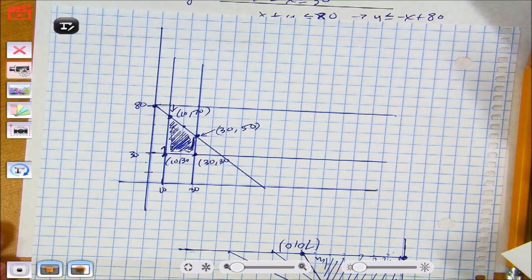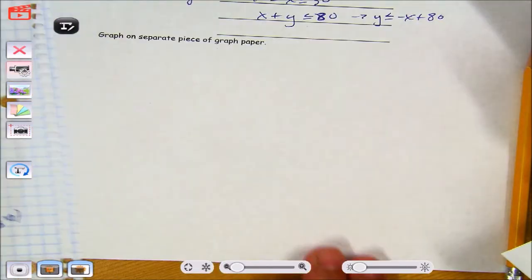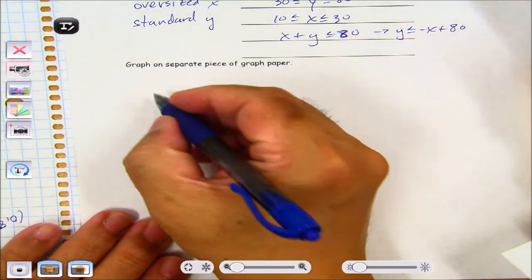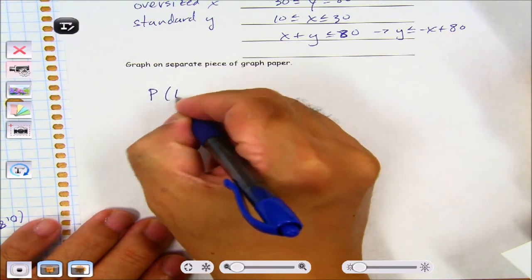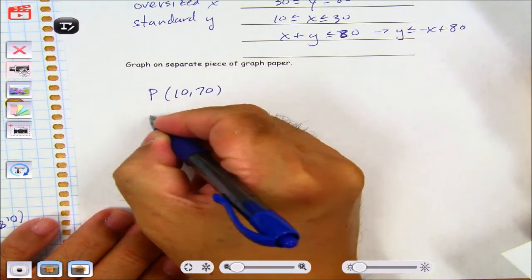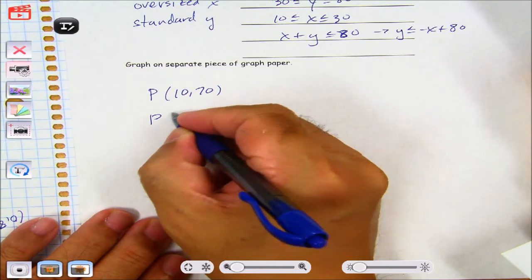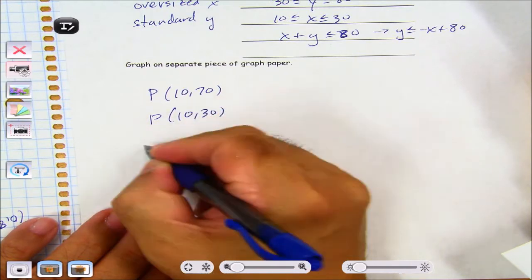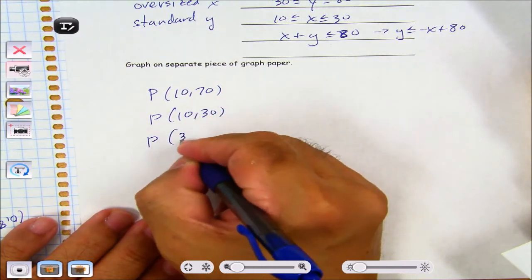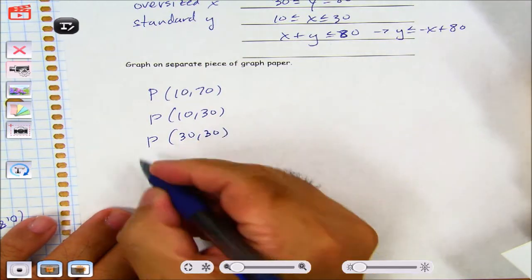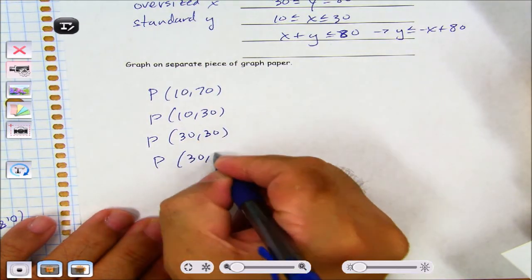Alright, let's test those out. So we're looking at the profit of 10 and 70 rackets, 10 and 30 rackets, 30 and 30 rackets, and 30 and 50 rackets.